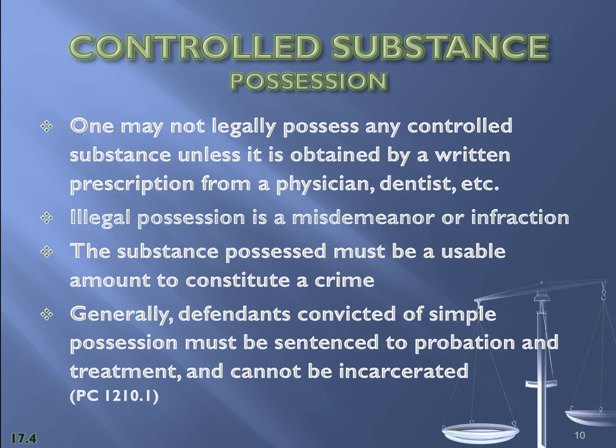Defendants convicted of simple possession must be sentenced to probation and treatment and cannot generally be incarcerated. But really all you need to know for this one here, for possession, the substance really that's possessed needs to be what we call now a usable amount, or a usable dose.